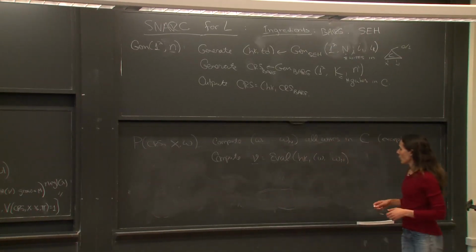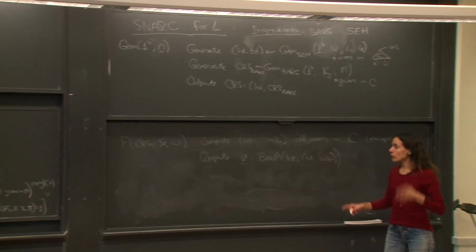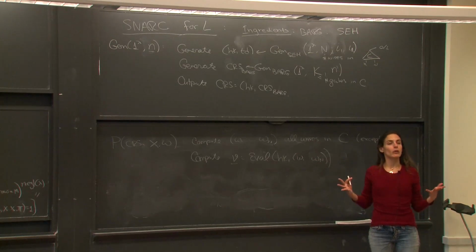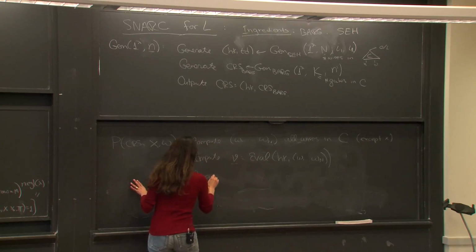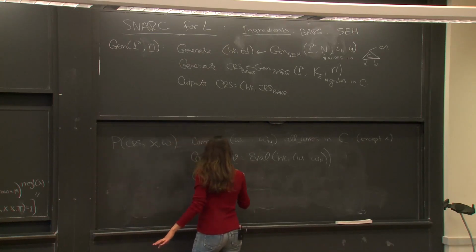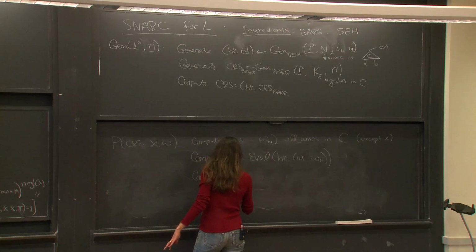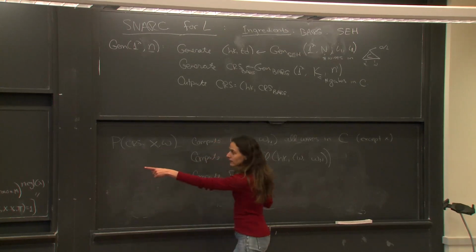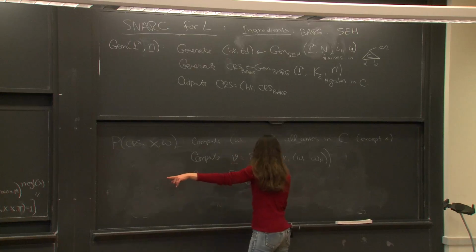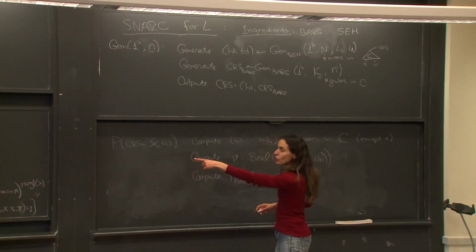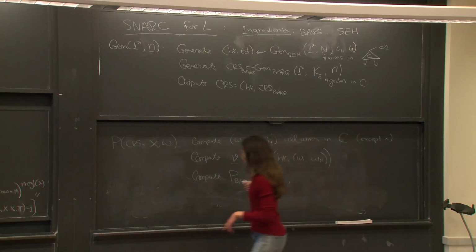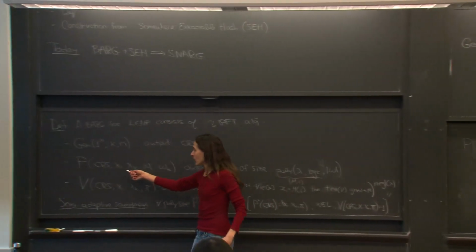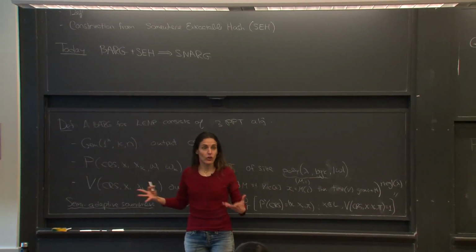Okay, so you compute the hash value of all the wires, and then you add a BARG. So the last thing you do is you compute the pi BARG, like you take the BARG prover, and here's our BARG prover. You give it the CRS of BARG, and you have X's and witnesses. Now, what are the X's and the witnesses? I'm going to generate a bunch of X's and witnesses and generate a proof.